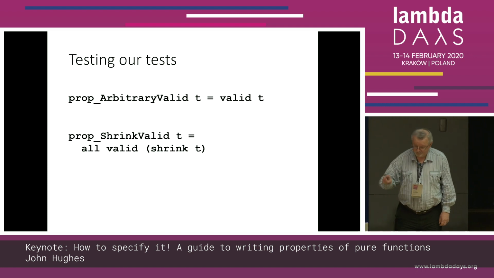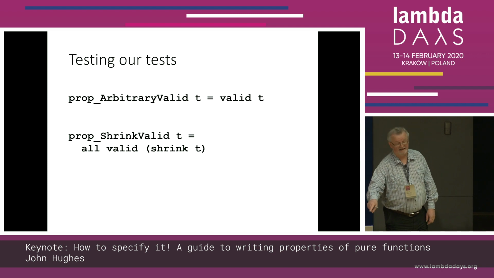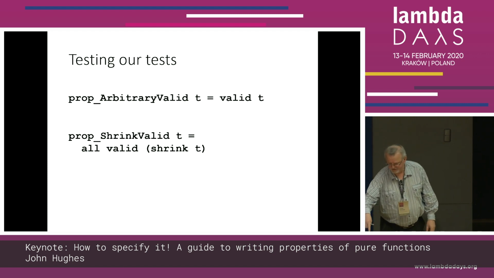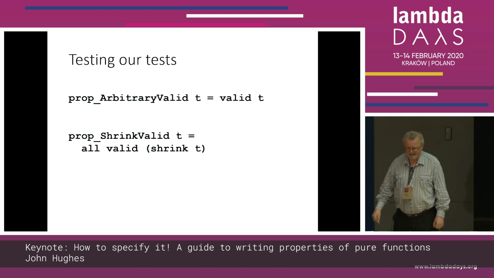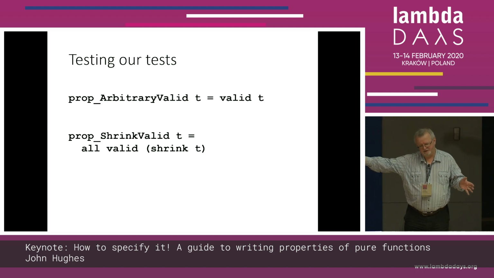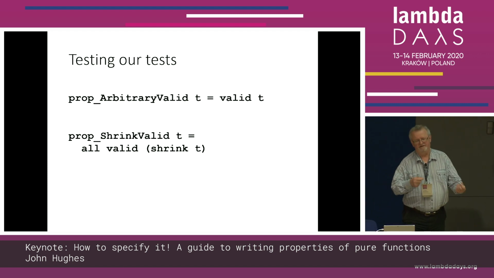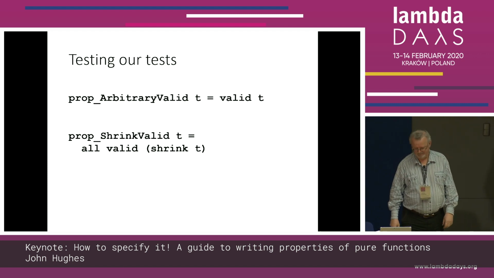Actually, it's important not only to test that I generate valid trees, but also that when I shrink trees, they shrink to valid trees. So the shrink function that you have to define, it returns a list of smaller trees than its argument. And the property I want to write says that all of those should also be valid.